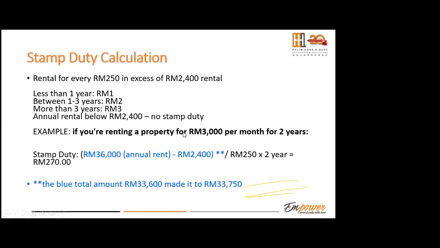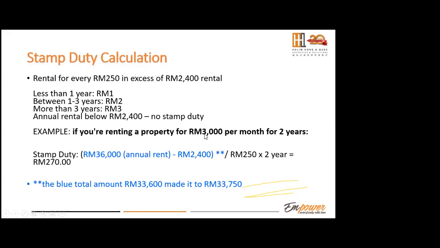Okay, if you are renting a property for 3,000 ringgit per month for 2 years, because the first 2,400 is free, so annual rental below 2,400 no stamp duty. So 1 bulan 3,000, 12 bulan.